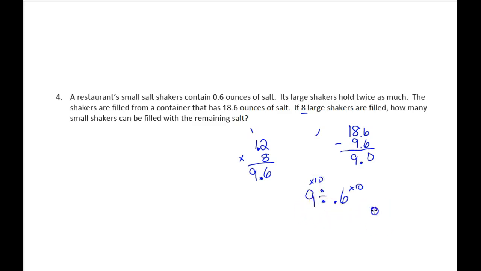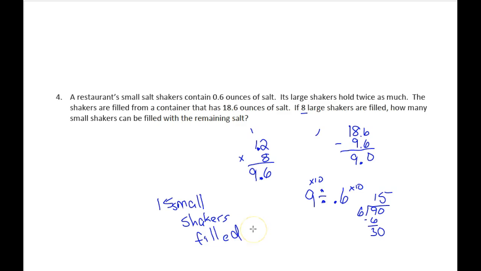So this becomes 90 divided by 6. 6 goes into 9 one time with a difference of 3, and then you bring down your 0, and I know that 6 times 5 is 30. So we can have 15 small shakers filled.